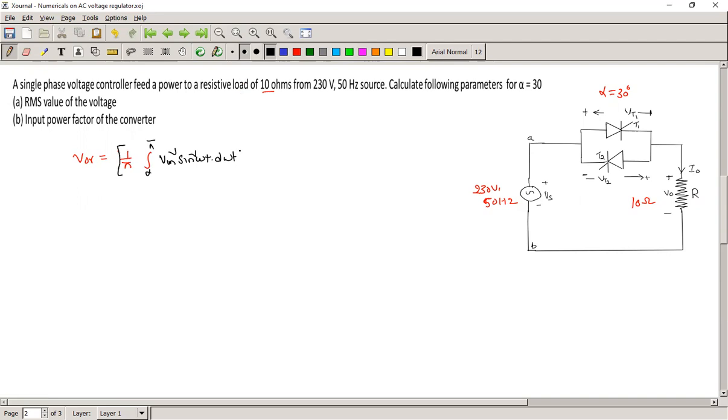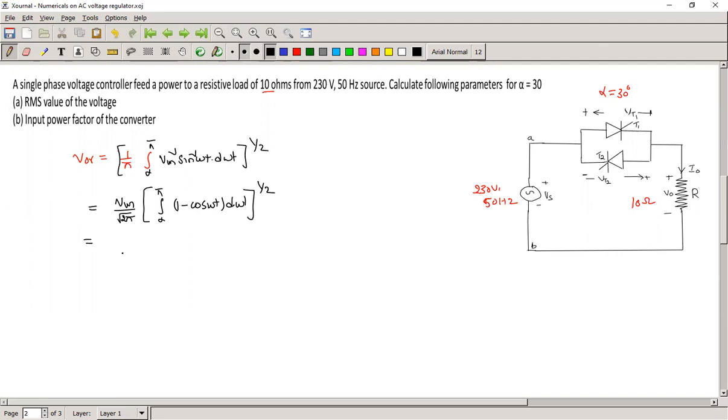So Vm by root 2 pi also you can write it, integral alpha to pi of 1 minus cos 2 omega t d omega t. Here 1 by 2 is there, that I have taken outside. Now the root is there for this quantity.